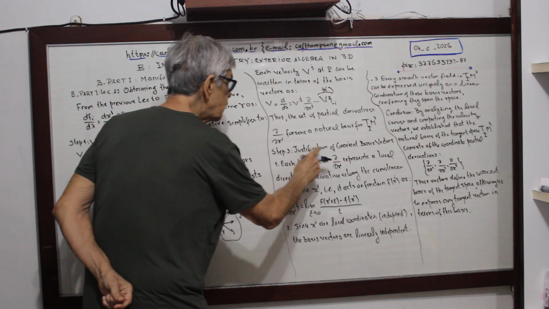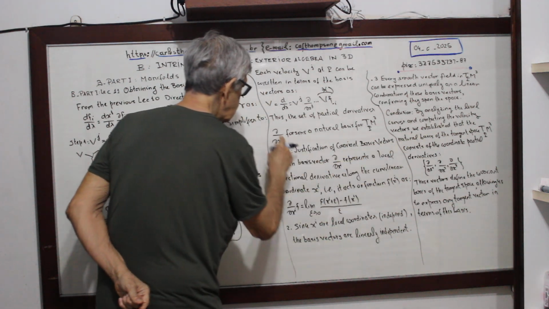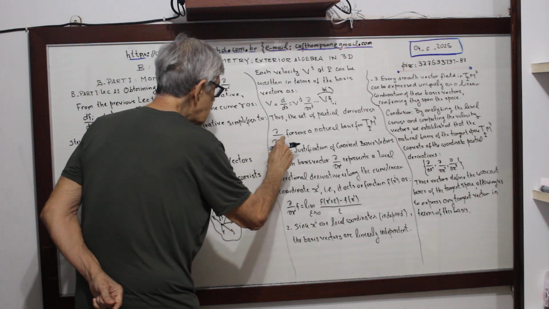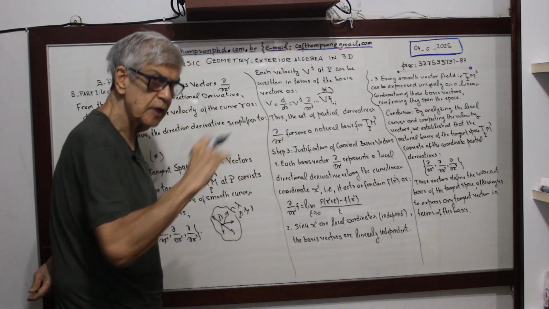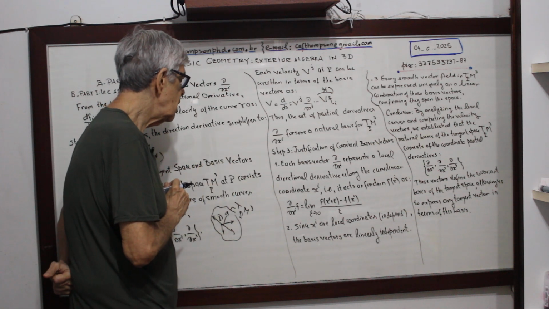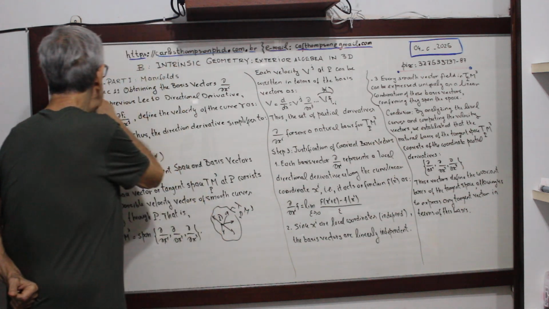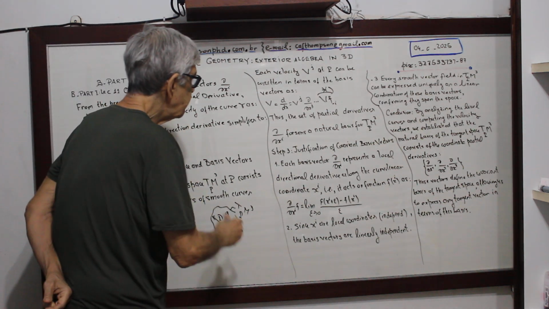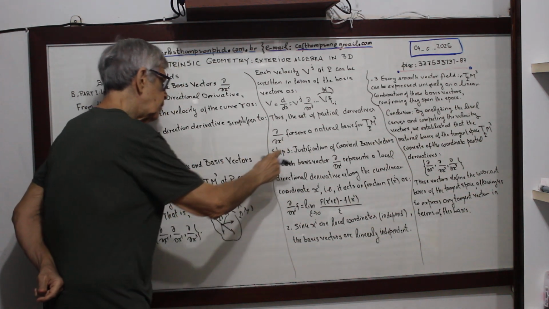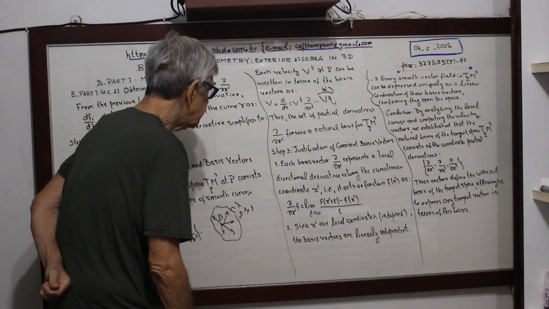Step 3, justification of covariant basis vectors. Those are covariant basis vectors. Why covariant? Because i is in the denominator, okay? As we pointed out on item A, this is item B, we just emphasized what is covariant and contravariant basis.